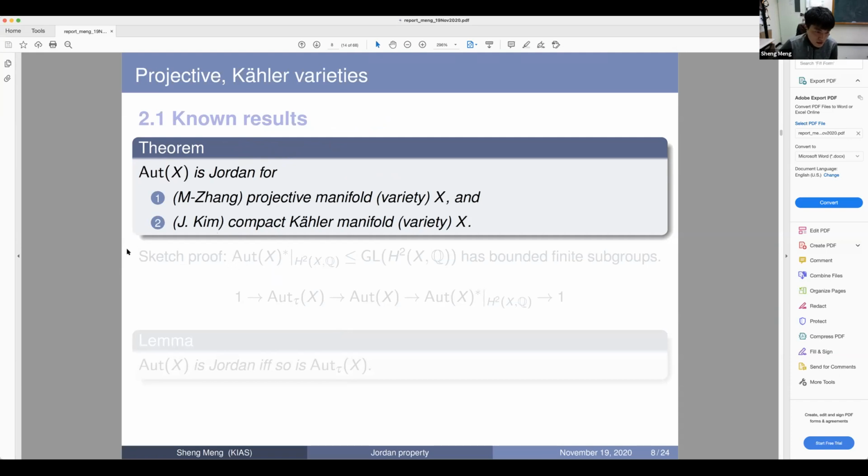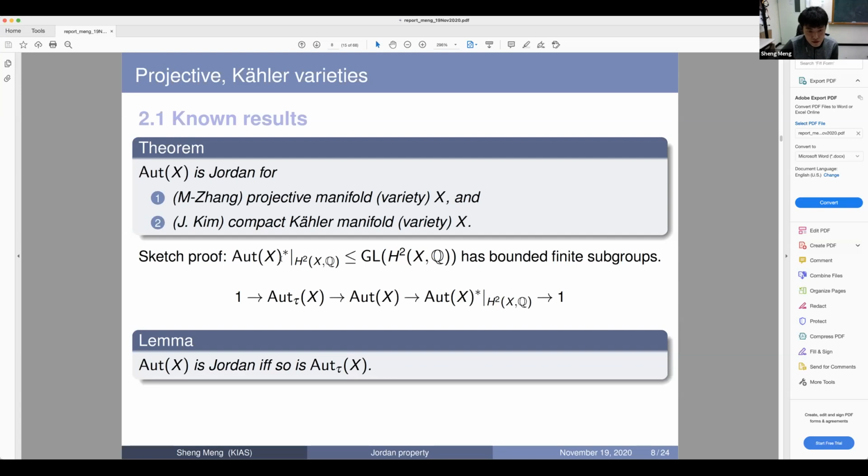Here I'll sketch the idea of the proof. First, we look at the rational representation on the second singular cohomology. And by Minkowski's theorem, this group has bounded finite subgroups. And we write down the exact sequence and denote the kernel by Aut_tor(X). This group is very important: Aut_tor(X), which is the kernel of this rational representation.